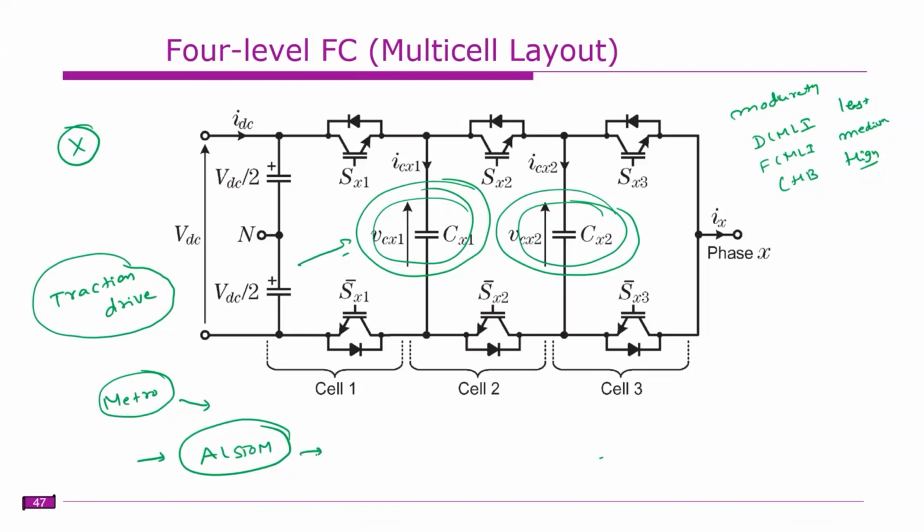Inside this, you may find a 3-level or 4-level flying capacitor multi-level inverter coupled to an induction motor drive. That is the only advantage, the only predominant application of the flying capacitor multi-level inverter. In most other cases, we try to avoid these as much as possible.